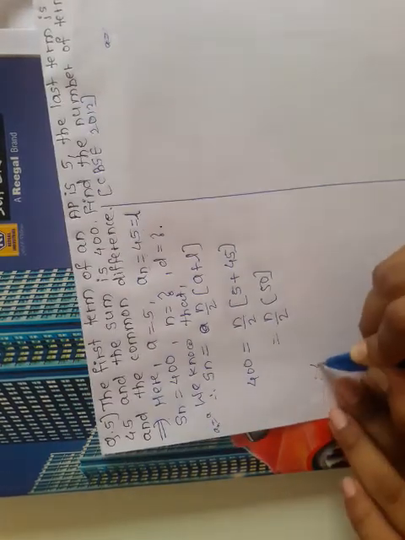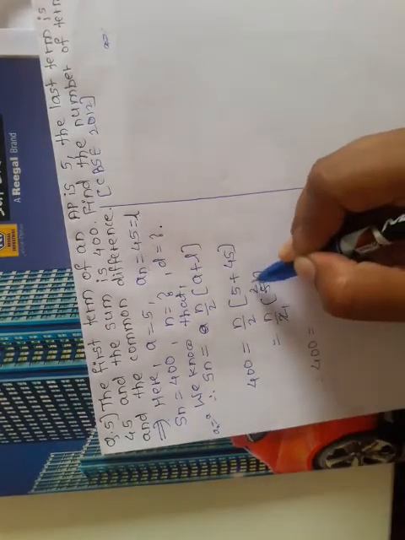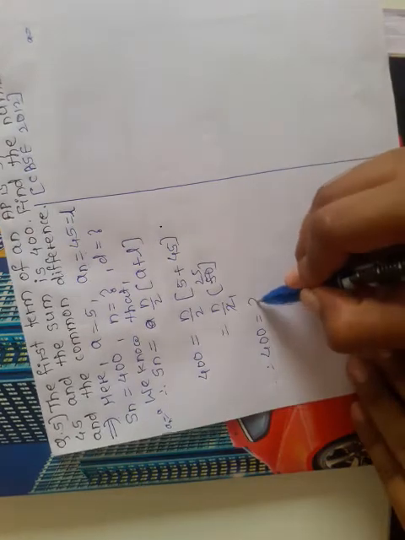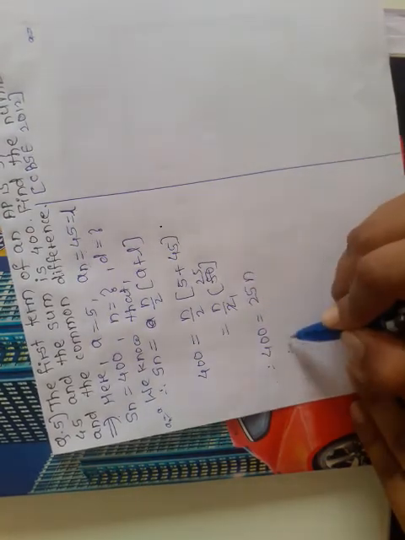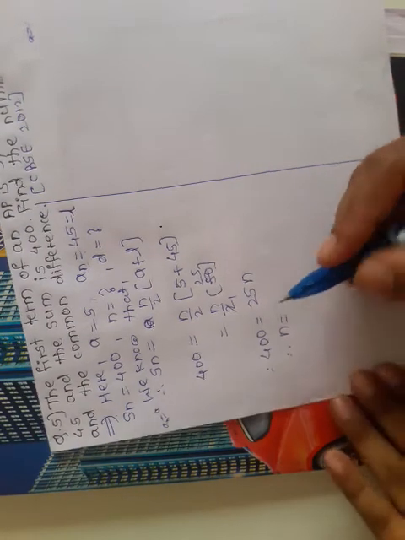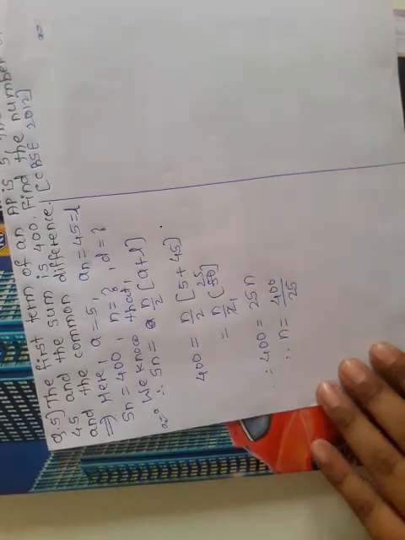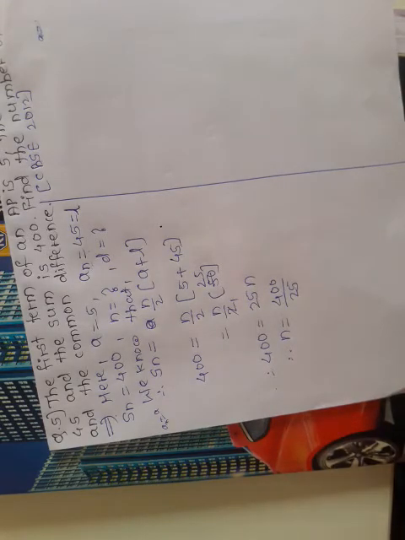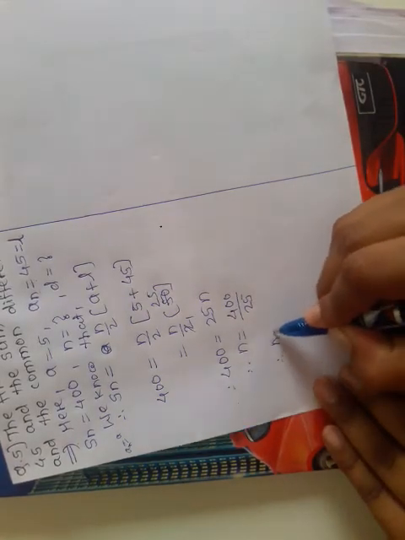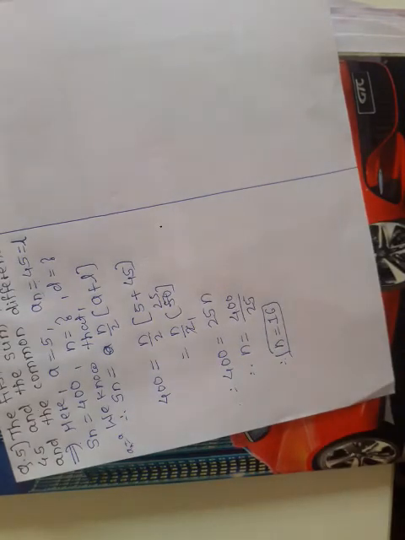Therefore 400 is equal to 25n. To find n, divide both sides by 25, so we get 400 upon 25. Dividing 400 by 25, n is equal to 16. So the number of terms is 16.